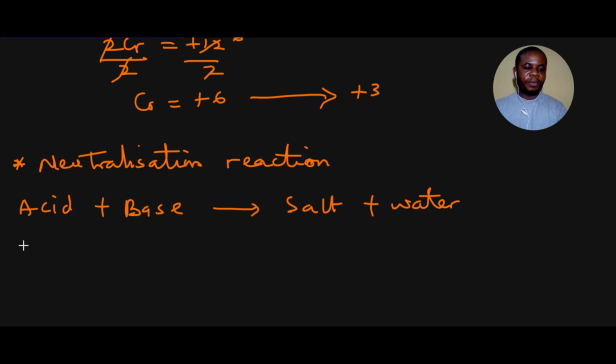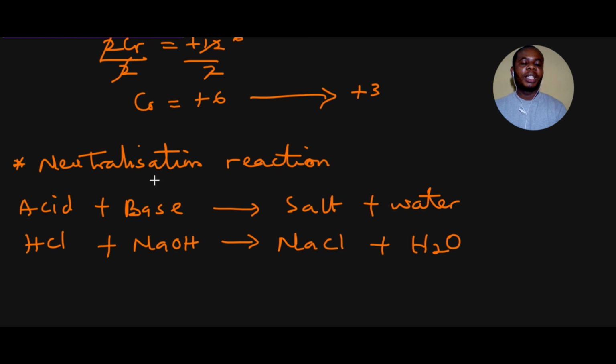A good example of an acid is HCl, hydrochloric acid, and a base is sodium hydroxide, to give sodium chloride, salt, plus water. You want to check if this is actually undergoing oxidation reduction reaction. If it's not undergoing oxidation reduction, that means this is non-redox.